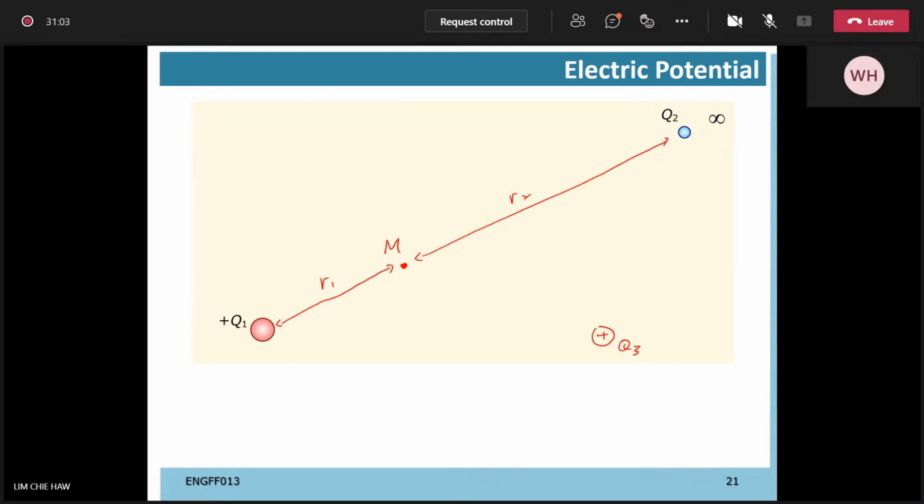Now a different story already. Now Q3 is the object. We want to bring Q3 to point M.